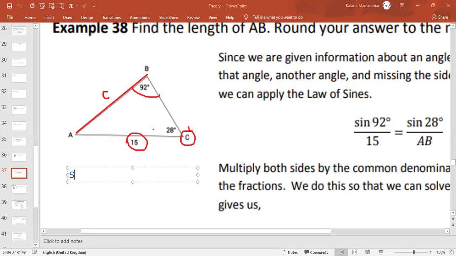No need to write down the whole thing again and again. You can just say sine B is equal to sine C, right? And the division, and you can write down simple b and simple c. However, you need to find the simple c, you know.